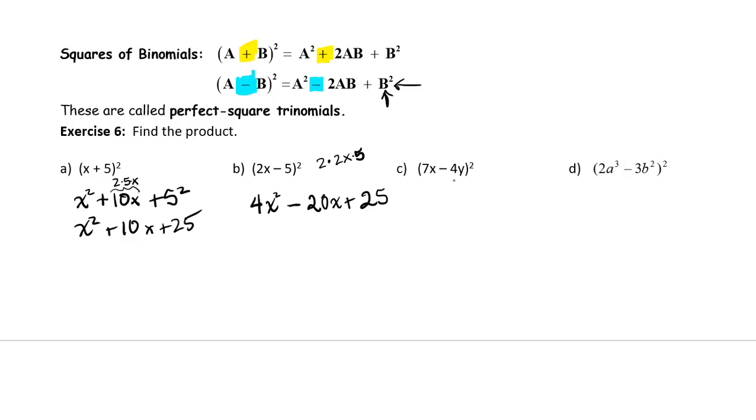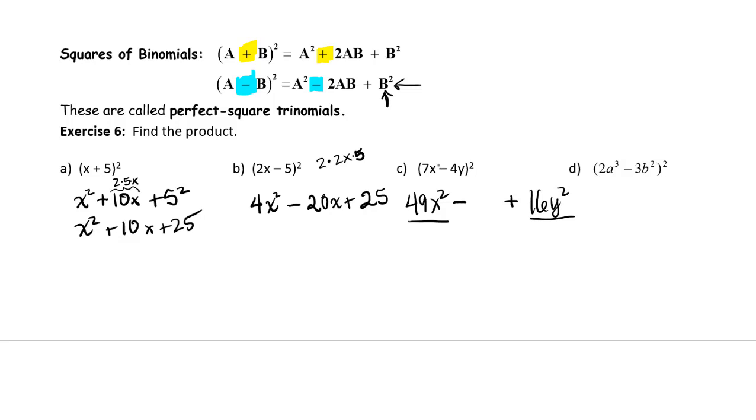And then here is another one, 7x minus 4y, quantity squared. This means that if we follow the pattern, we'll have a minus plus. We'll square the first term, that'll be a 49x squared. We'll square the last term, that will be a 16y squared.